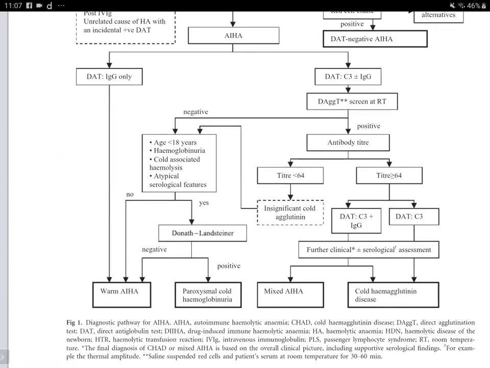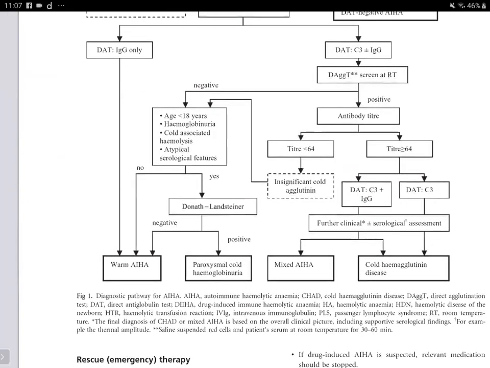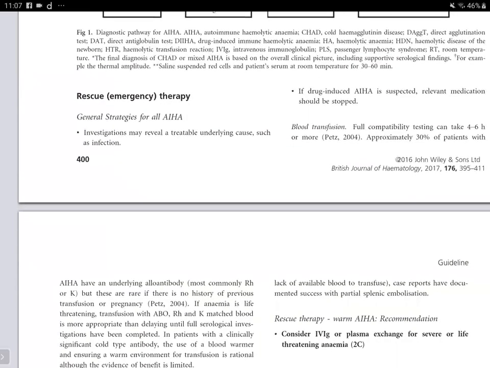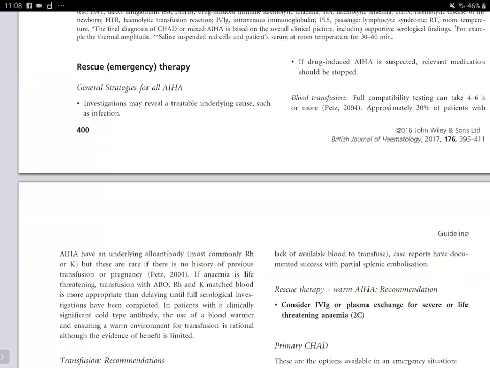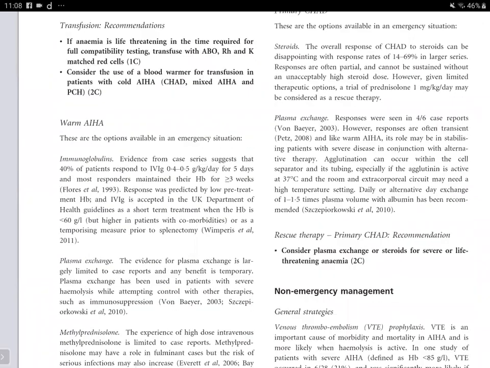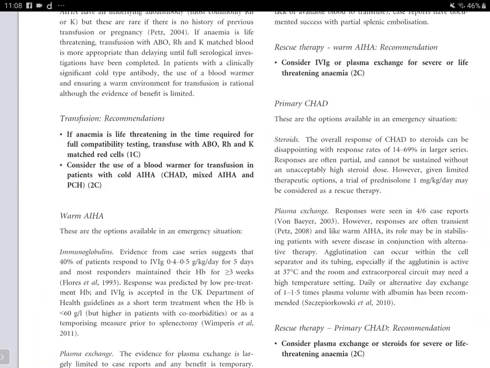So I think we'll rejoin after a short interval, and then continue with this rescue treatment, or this emergency management. We had gone into the emergency management, but we'll recap the emergency management for both warm autoimmune hemolytic anemia and primary cold hemagglutinin disease.